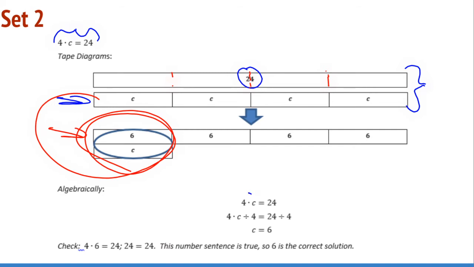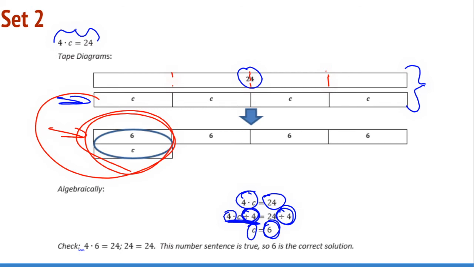So algebraically, I've got 4 times C is 24, and I would use my identity property. I want to reveal the identity of C. So if I multiplied times 4, I need to divide by 4, and that'll give me C. And as we saw with the tape diagram, if I'm going to divide this by 4, I get to divide this by 4, which leaves me with 6.